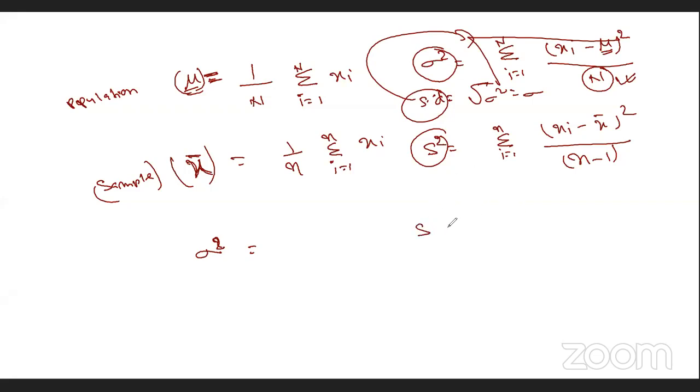It is the square root of s square, so the square root of summation of i equal to 1 till small n, (xi minus x bar) whole square, divided by n minus 1. As simple as that. This is what you get for a sample, and this is what you get for the population.